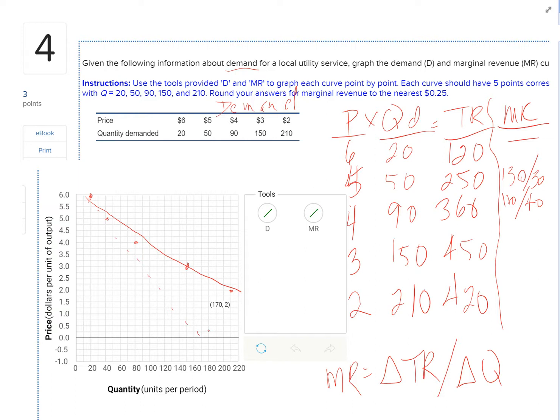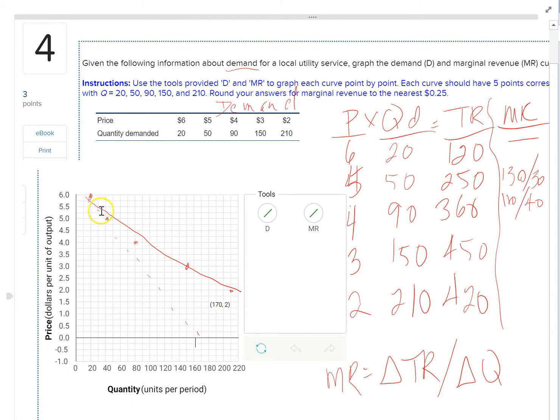And basically the answer is because in order to sell additional units, the monopolist can't charge a different price for every unit that they sell. They sell them all at the same price. So if they want to sell additional units, they have to lower the price of all units. So marginal revenue will always be less than price on the demand curve for the monopolist. I think that was everything for that one.